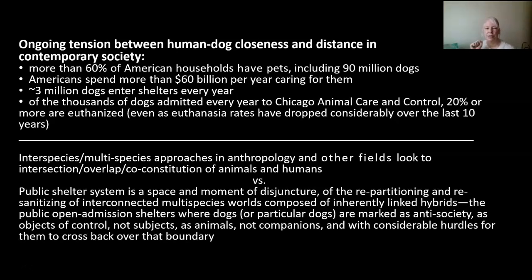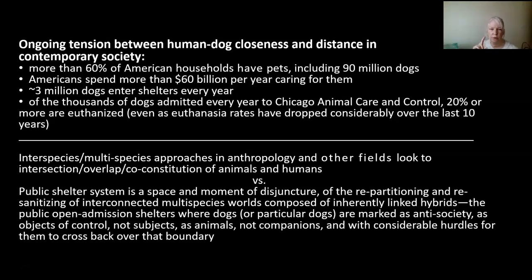Americans spend more than $60 billion a year taking care of those pets. And around 3 million dogs enter shelters every year. So these are unwanted or uncared for dogs. And of those millions of dogs, a significant percentage are euthanized.